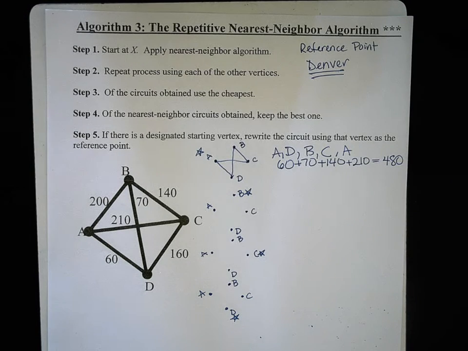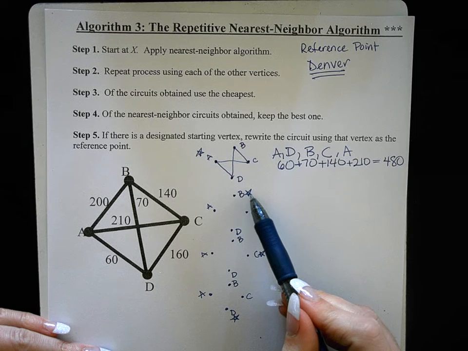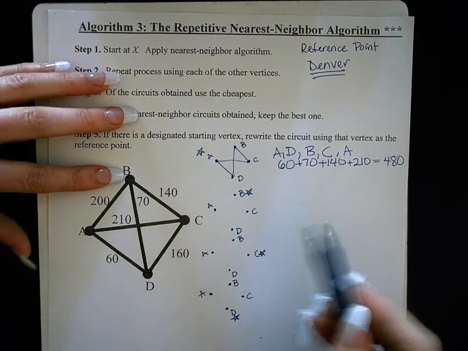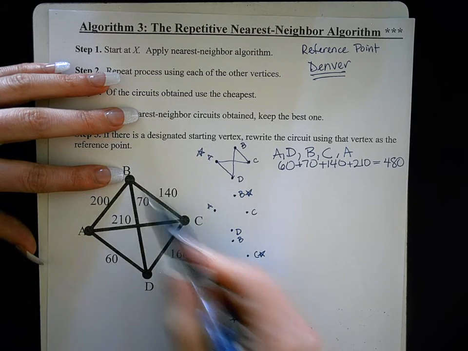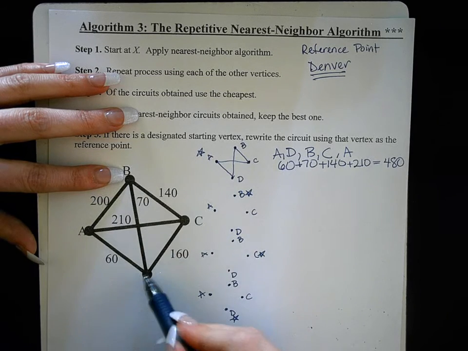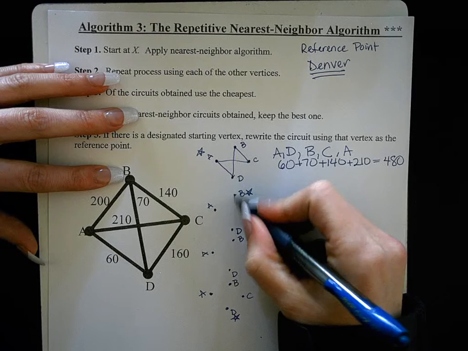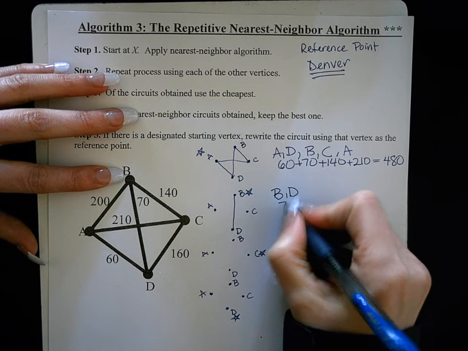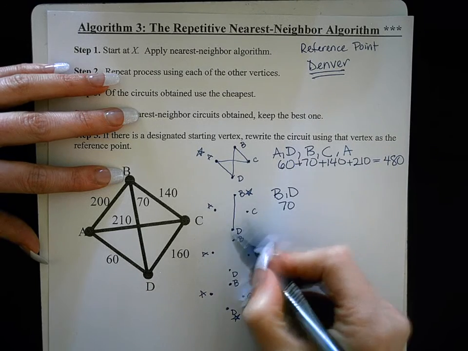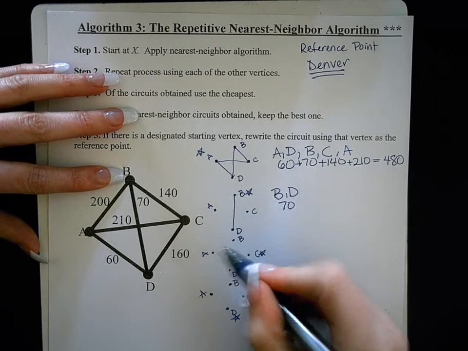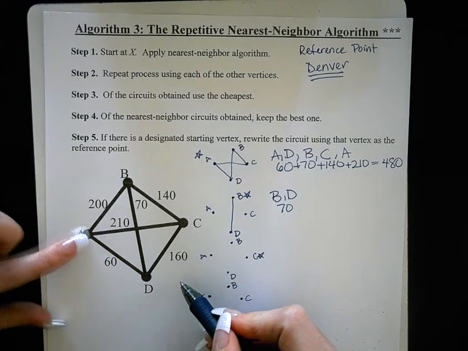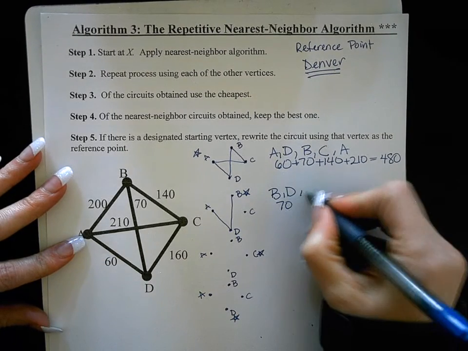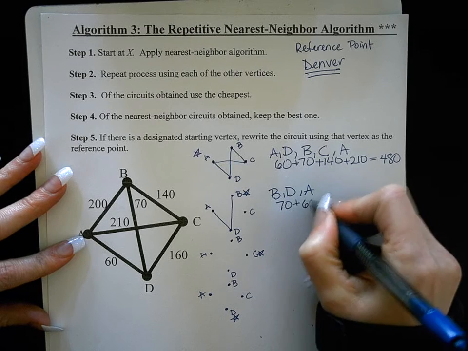Now we have to start completely over, except this time we're going to apply the nearest neighbor algorithm starting at B. So here we are starting at B. Where is it least expensive to travel to? Well, it's least expensive to travel to D. So from B to D, that is 70. From D, we have 2 options. We can go to C or we can go to A. And it is least expensive to go to A. It's 60.